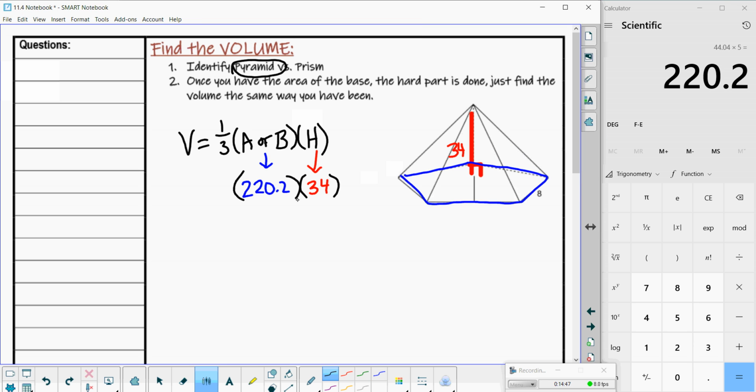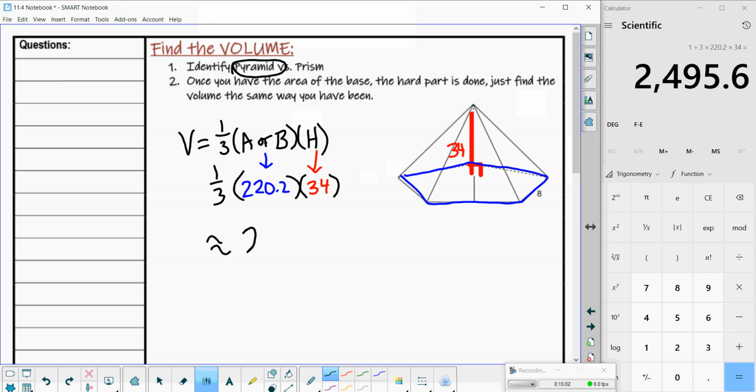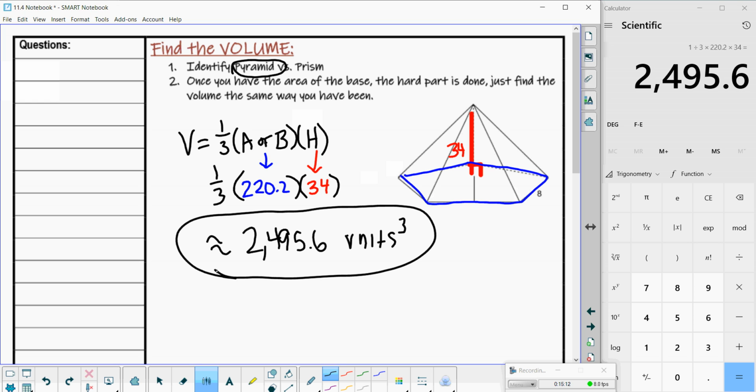Drop down that 1/3. So let's calculate it. 1 divided by 3 times 220.2 times 34. It's going to be 495.6 units cubed. We don't have our units. Approximately, that would be our volume.